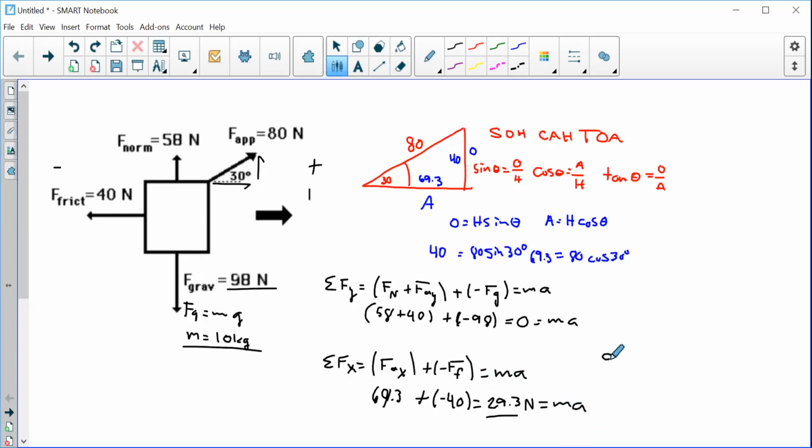What I'd love for you to do is to calculate the acceleration of this object. We know that a is equal to F over m. Go ahead and calculate that acceleration for me. What is it?